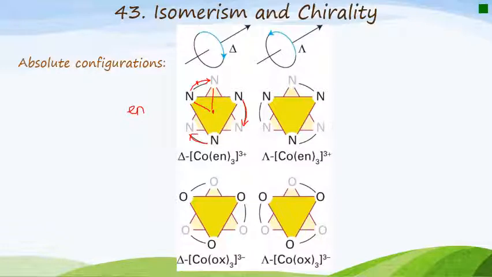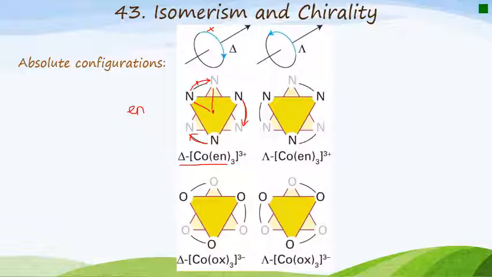Now, if I follow this clockwise direction that I've just drawn for you, and a clockwise direction based on the definition up the top of the diagram over here says that, in terms of absolute configuration, it is a delta configuration. So in this case, we would have the tris ethylene diamine cobalt 3. It would be delta tris ethylene diamine cobalt 3.